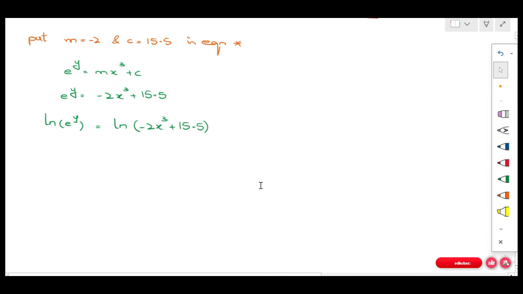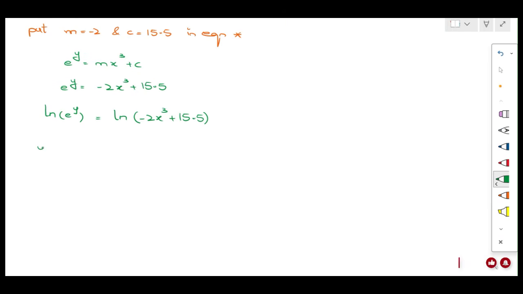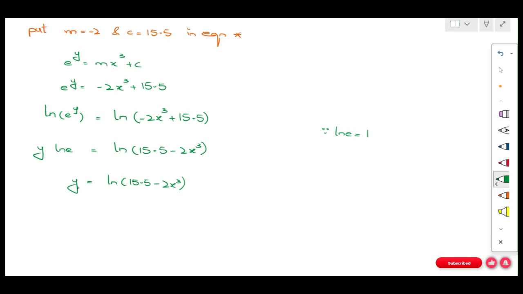Okay, now for natural log, the power comes before the log. y natural log e, this is natural log of 15.5 minus 2x cubed, and we know that natural log of e is always equal to 1. So this thing is 1, so y would be equal to natural log of 15.5 minus 2x cubed. Now you can see this is y in terms of x. So we have solved y in terms of x.